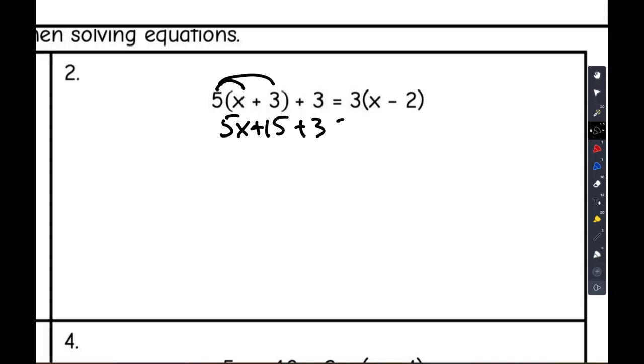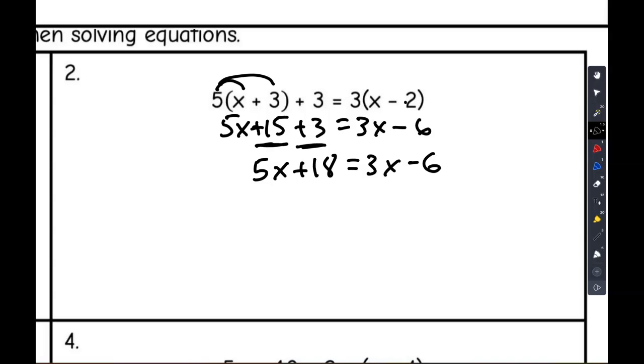Plus 3 equals to 3 times 1, 3x. Positive times a negative is a negative. 3 times 2 is 6. Negative 6. And we're going to collect these like terms. 15 and 3. 5x. 15 plus 3 is 18. Equal to 3x minus 6.